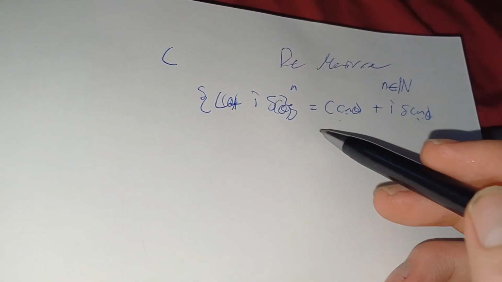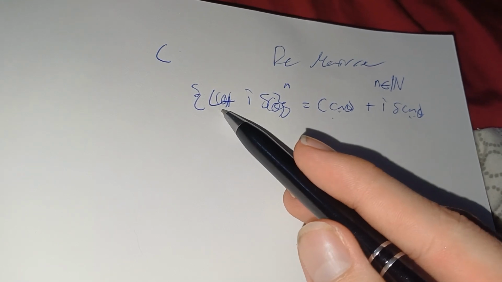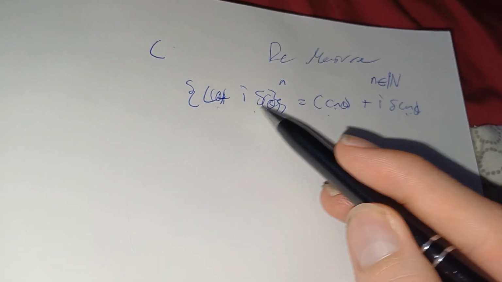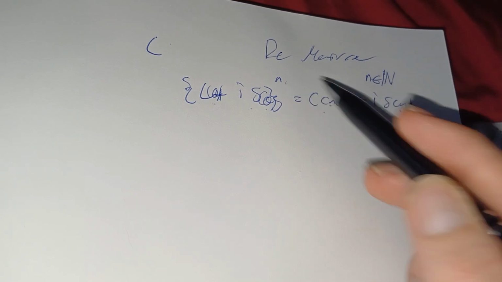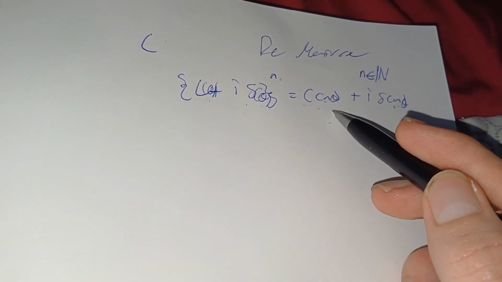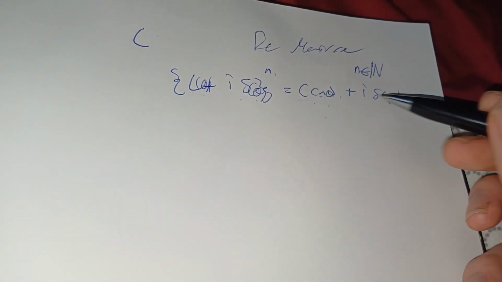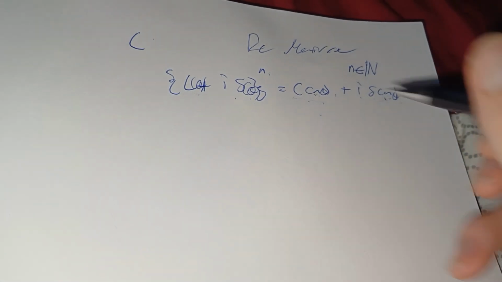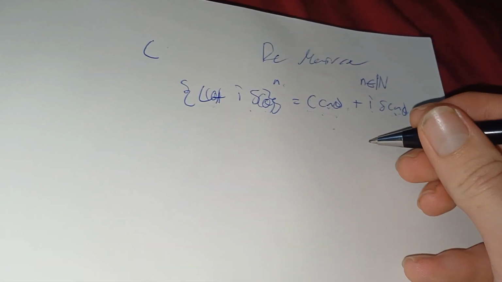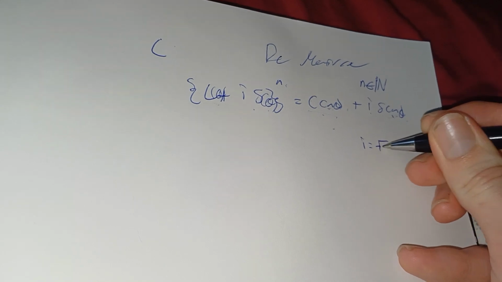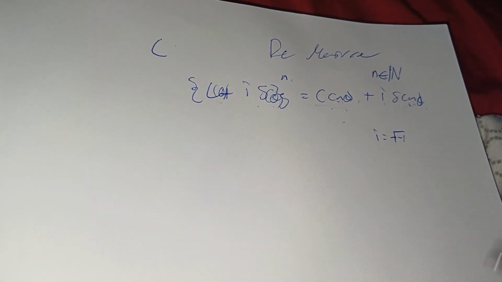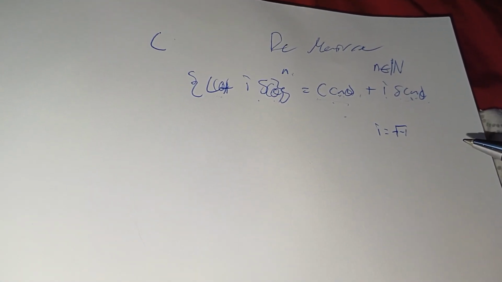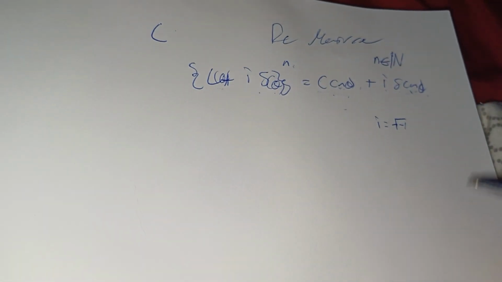Now we see that the formula is (cosine plus i times sine) to the nth power is cosine of the factor n plus i times sine of the factor n. And we know that i is the square root of -1. So we're dealing with imaginary numbers. So it's complex.